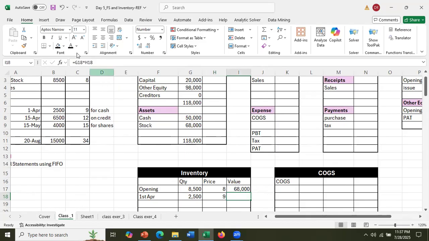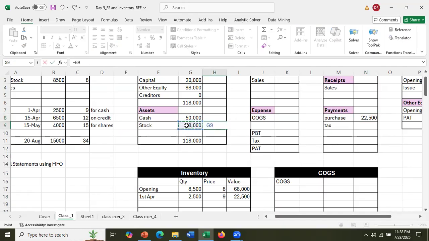So the value of that inventory purchase is 22,500, and that has been purchased for cash. Let us see the impact on financial statement. When you purchase the stock for 22,500 for cash, the stock will go up to the extent of 22,500 because it has been purchased.